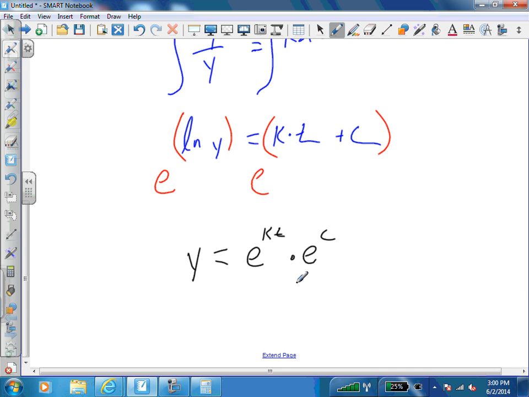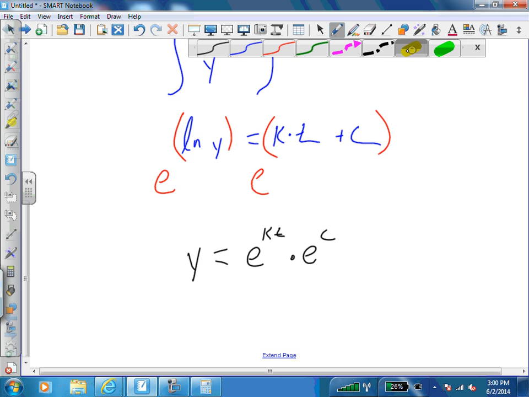Back from algebra, if we multiply like bases, what do you do to the exponents? Add. Multiplying like bases, we add the exponents. So if we have exponents added, we can write that as a product of like bases. These are the same thing. t is our variable. Is e a constant or a variable? e is a constant. Is c a constant or a variable?